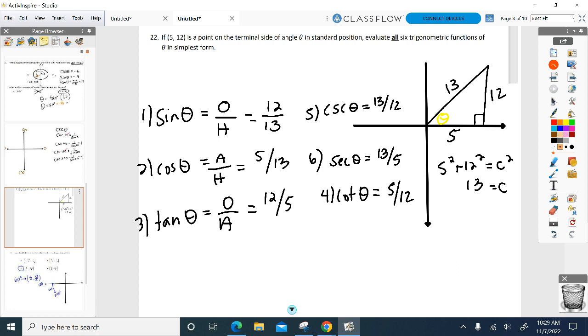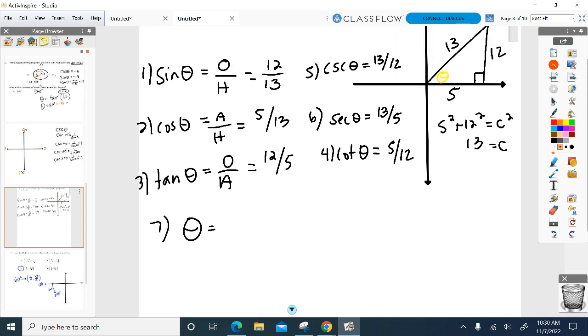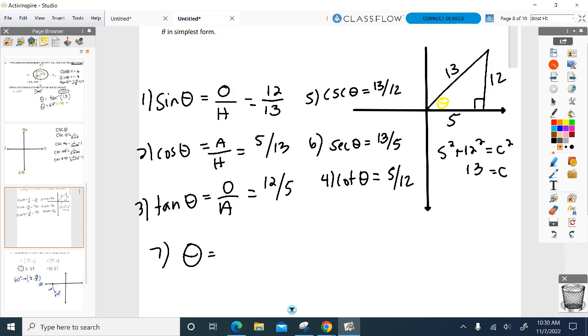Extra question. Number 7, extra question. To the nearest degree, what is theta? What is the measure of theta to the nearest degree? Ooh. To the nearest degree, what is the measure of theta? Well, it better be between what and what? 0 and 90. I love it. Look at everyone grabbing calcs because you know you got to do what?